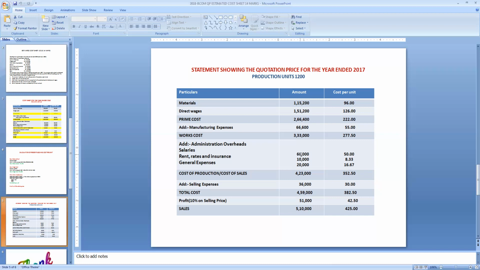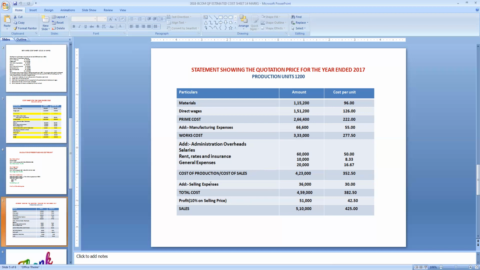Then we divide with the help of production units, 1,200. If we divide, it will be 50 rupees, 8 rupees 33 paisa and 16 rupees 67 paisa. Now the cost of production and cost of sales are one and the same, that is 4,23,000, and per unit it comes to 352 rupees 50 paisa.